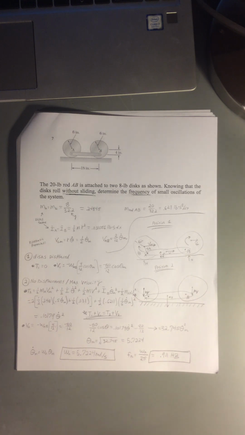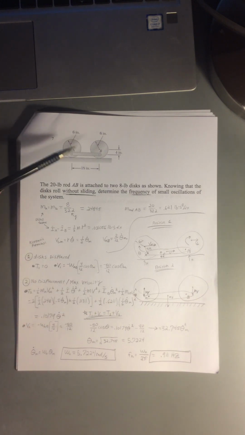But from there we can plug in all of this information that we took time to find at the beginning of the problem to help simplify all of this down. Actually, we have almost all of these unknowns. The only one we don't have is our theta dot, which is a good thing. And so that's what I've done here. I've plugged all of those things in.